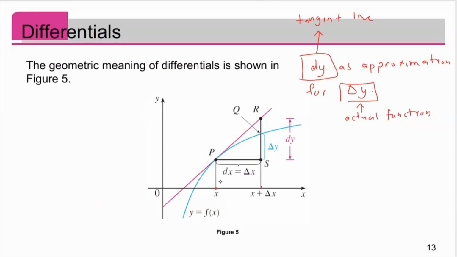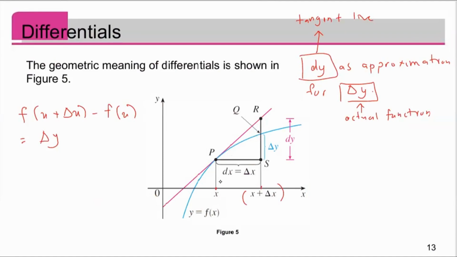Delta y here is the change of value, and the value that you use here is the function value, not the tangent line. f of x plus delta x minus the function value at the initial point. That is, when we have this P to be considered as our initial point, we have f of x plus delta x minus f of x. So this is our delta y, the actual change.